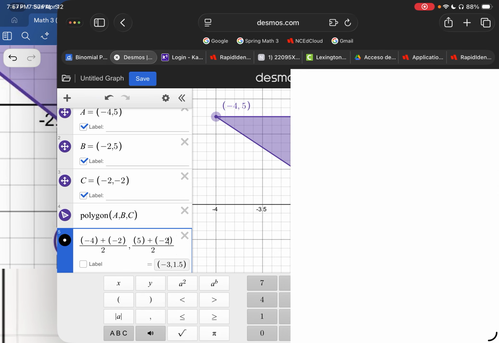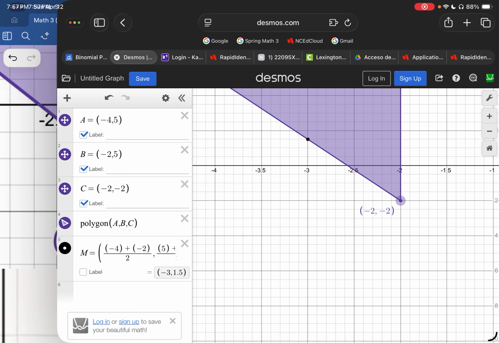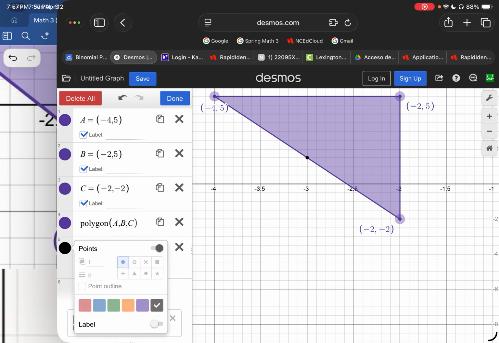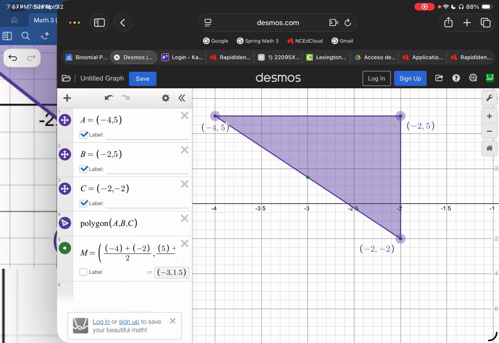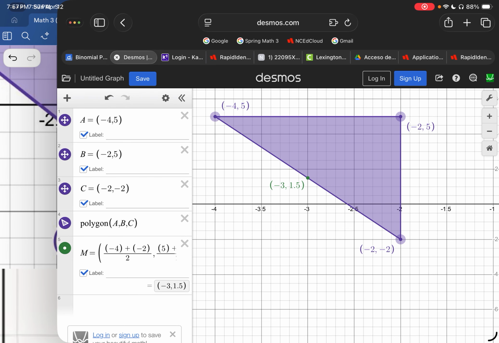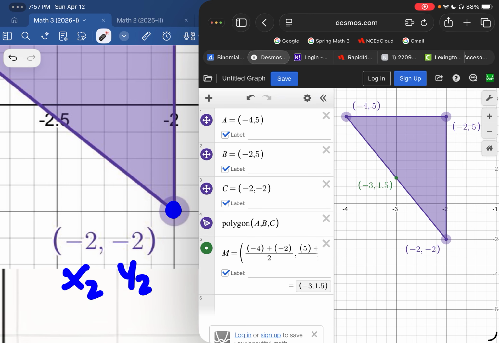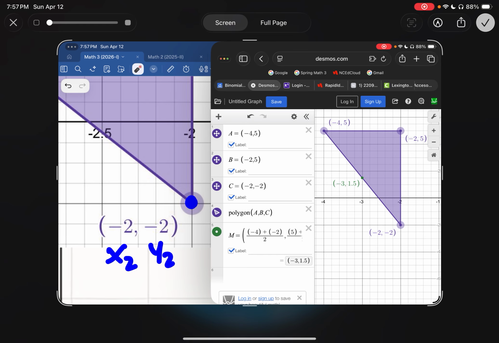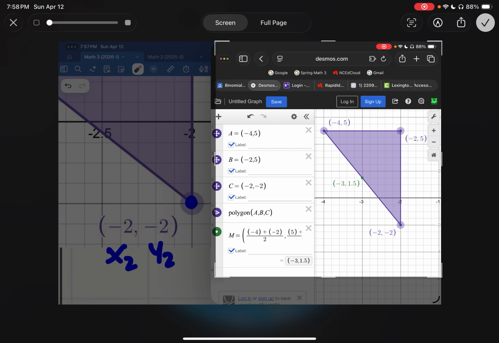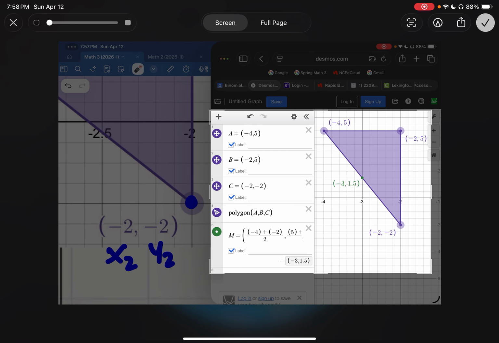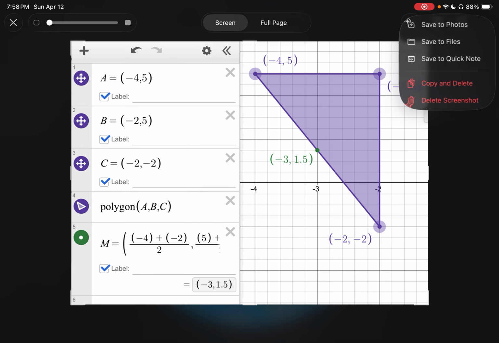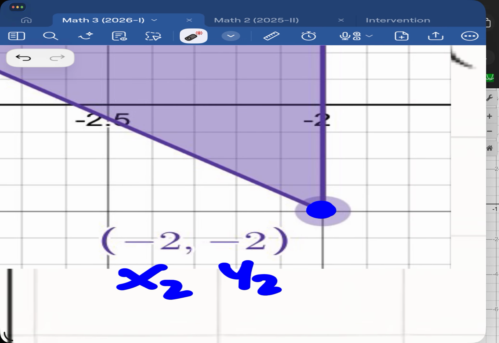So as you can see, this point that we just calculated, which is M, let me change the color, is the midpoint. I'm gonna put it here, right? So you know what? I'm just gonna take a screenshot of the whole thing here, and I'm just gonna put it there, and that's my solution. As you can see, guys, I barely did calculations. If you use Desmos, you're gonna be able to do everything, right? So you know what?